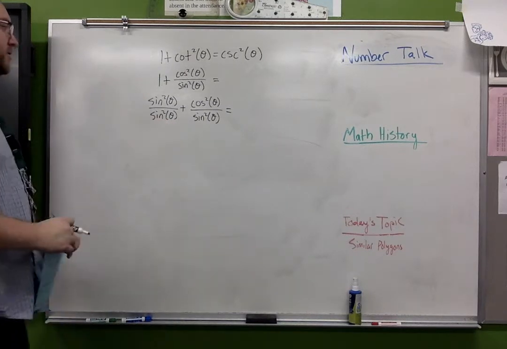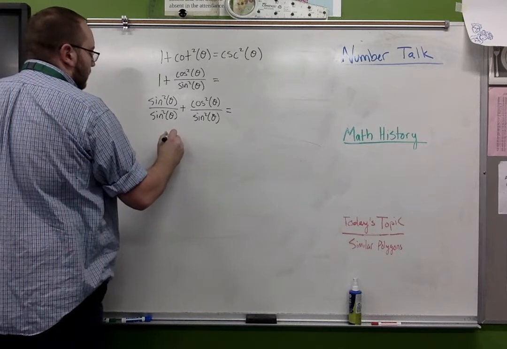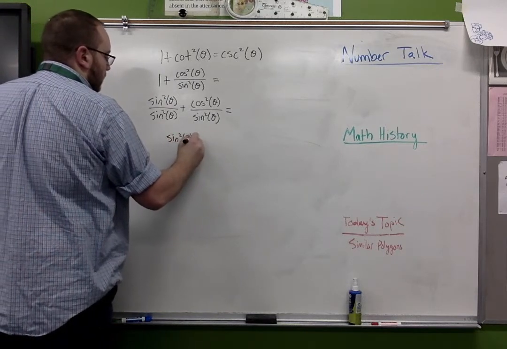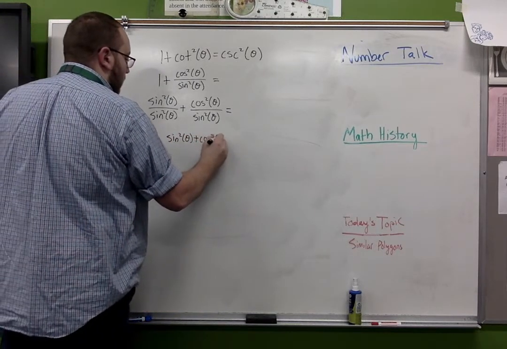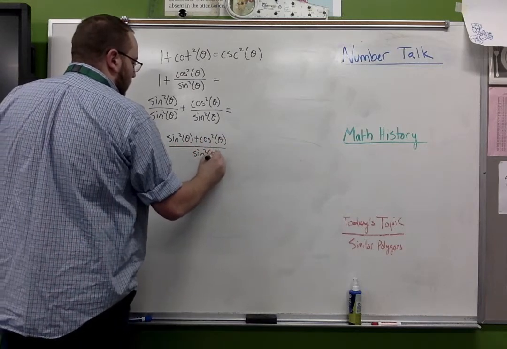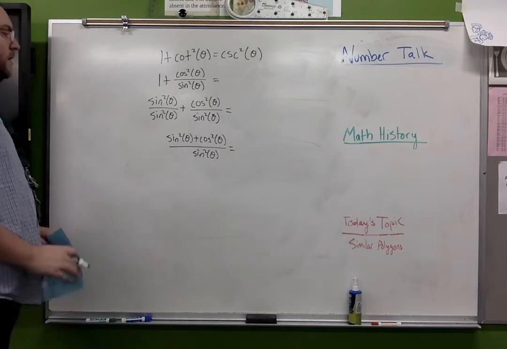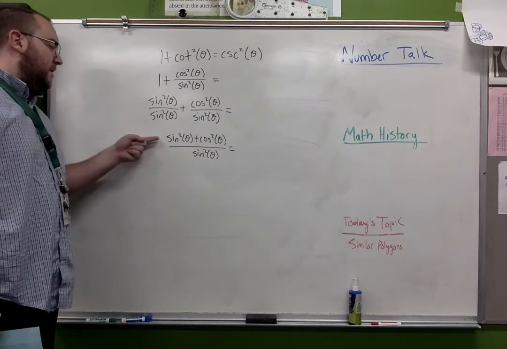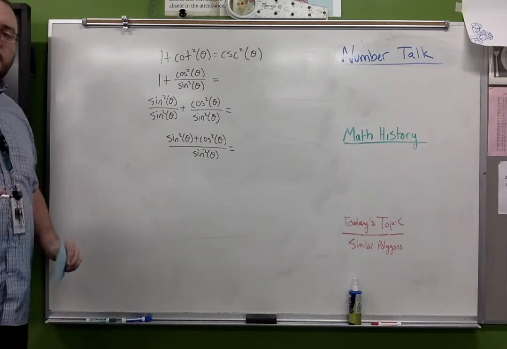Sine squared over sine squared is 1, but now I can add fractions. So sine squared plus cosine squared. Now, the Pythagorean identity says that sine squared plus cosine squared is equal to 1.